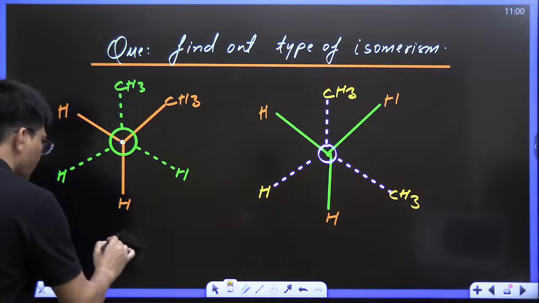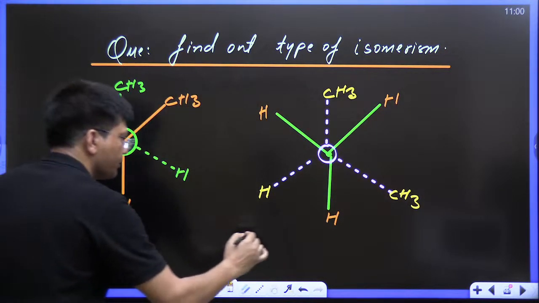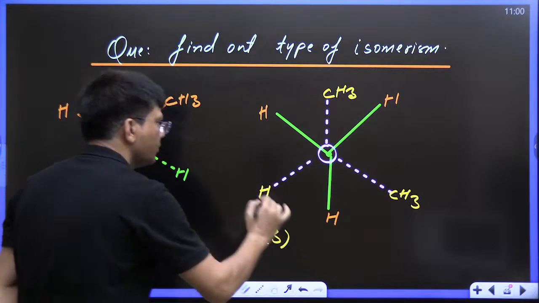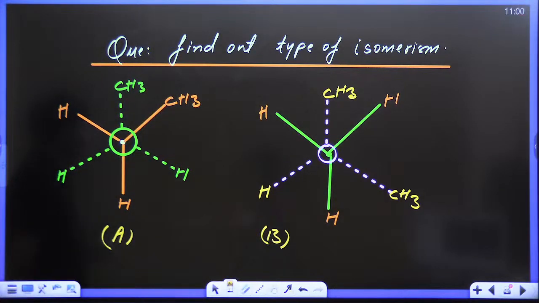So this is your compound A, that is your compound B. Do let me know what type of isomerism you think these two compounds are having.